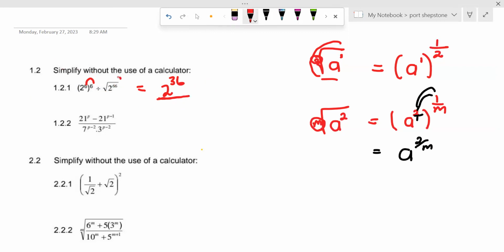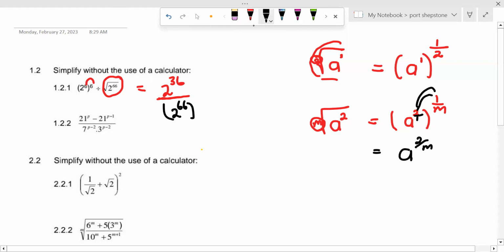And then at the same time, this is a surd. Since it's a surd, I can write it as an exponential. So if I write it as an exponential, we said I'm going to open a bracket. And then this is going to be 2 to the power of 66. Okay? Now, what do I write as an exponent? It's 1 all over 2.